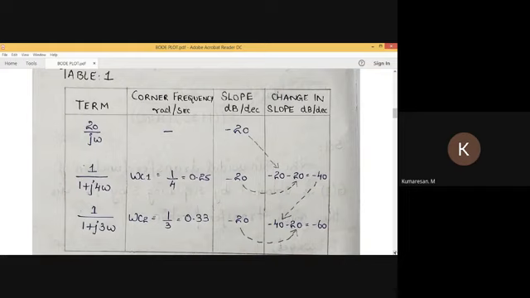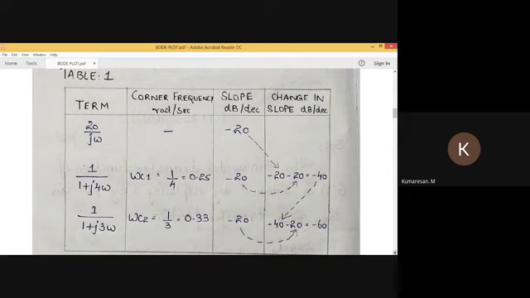The next term is 1 divided by 1 plus 4 j omega. Here also j omega is in the denominator, so we put minus 20. Previously it was minus 20, and now the second term is also minus 20. Up to the first corner there is no change. At the second term it starts, so we have to compare the previous and present slopes.